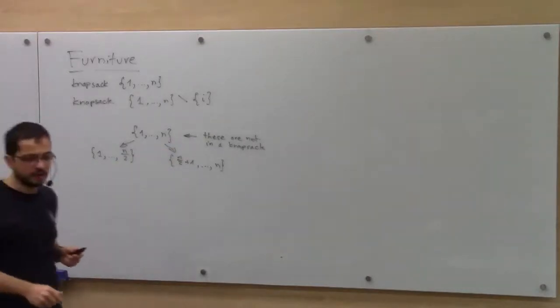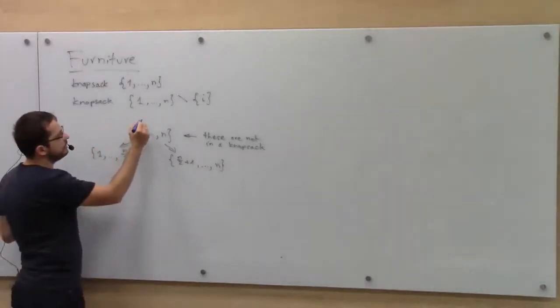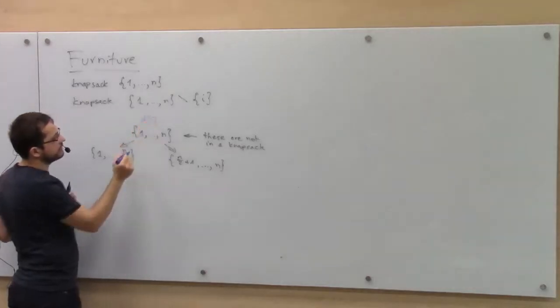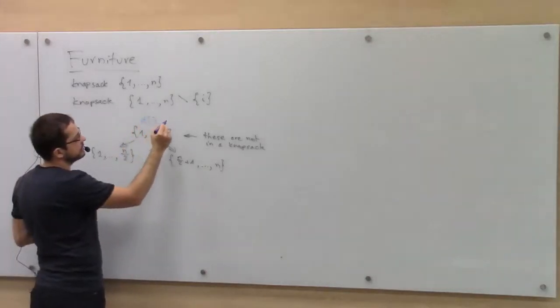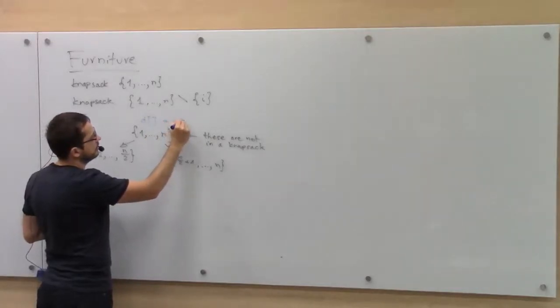So basically what we will have here is the array D, and like the first D here, we will initialize as an empty knapsack.